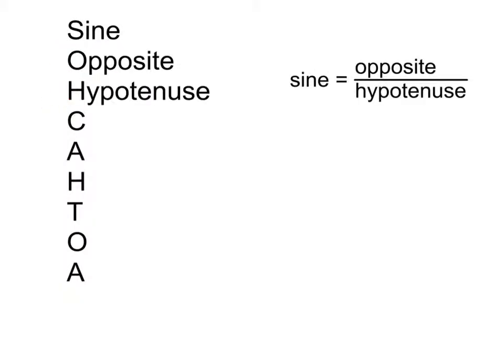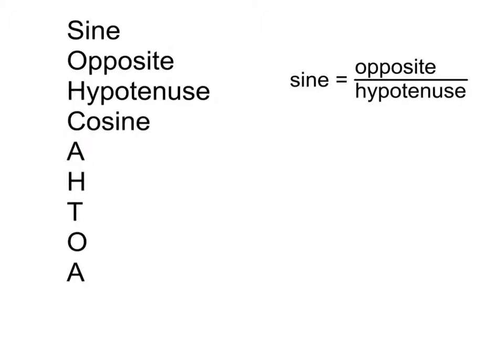Let's take a look at why this helps. The S up here, that stands for sine. Remember our definition of sine. Sine equals the opposite over hypotenuse. SOH tells me that sine is opposite over hypotenuse. C, what do you suppose the C stands for?